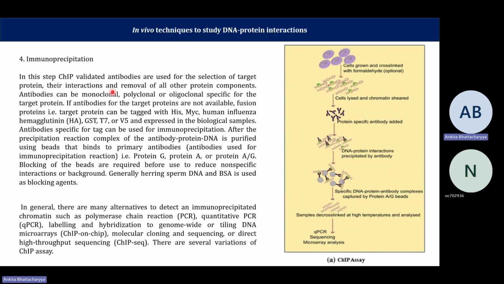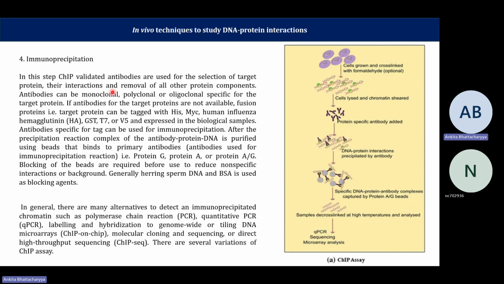And in case you are working with a protein for which you do not have an antibody, then most commonly you can opt for a tag specific antibody like HA tag, V5 tag, FLAG tag, His tag, Myc tag, etc., which can be attached to your protein of interest. And that usually happens if you have overexpressed your protein of interest in a vector.